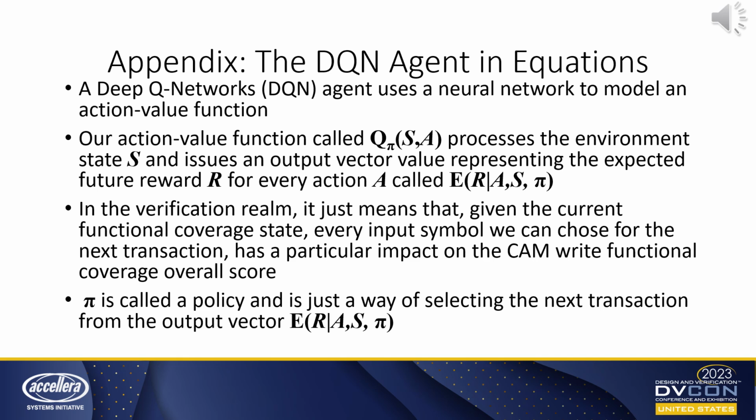This way, from my point of view, will cover the missing functional coverage bins. As I said, pi is also called a policy and is just a way of selecting the next transaction from the output vector, the expectancy of R based on the action, the state, and the policy pi.